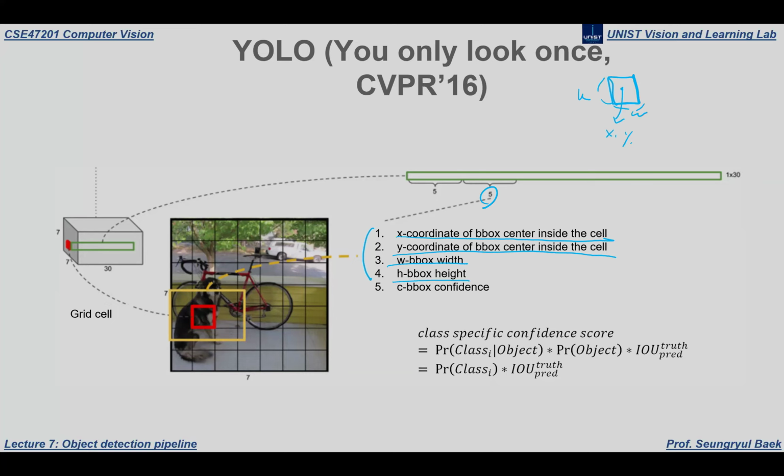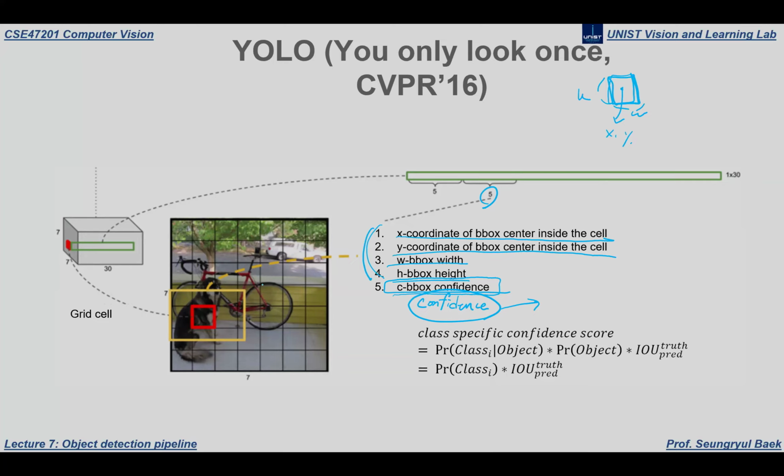So 4 floating values explain the location, and C is the last one, which is different from that of Fast R-CNN. This indicates the confidence of this bounding box, indicating whether a certain bounding box has an object inside or not.